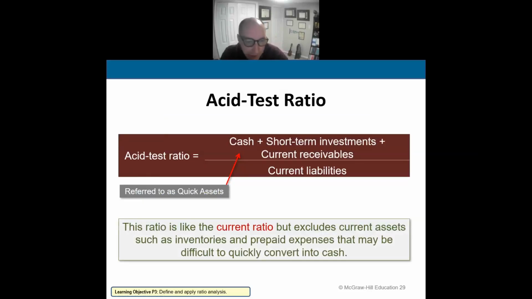The asset test ratio is similar to the current ratio, but the difference here is that it excludes inventory and prepaid expenses. So asset test ratio is cash plus short-term investments plus accounts receivable divided by current liabilities.